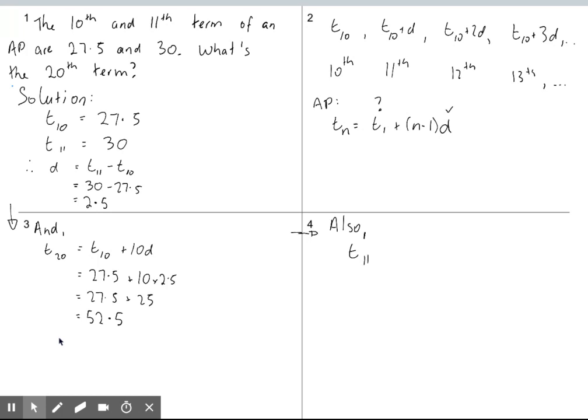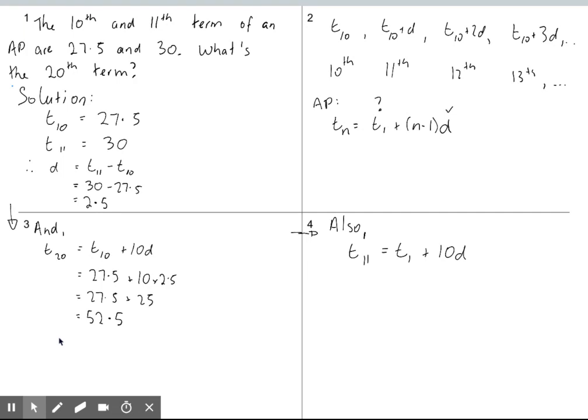I could have used T10 for what I'm about to do, but I'm going to use T11 for reasons that might become obvious in a second. T11 is equal to the first term plus 10 lots of D. 10 comes from the 11 minus 1. Okay. Again, this is just using the general form of the equation. So T11 equals T1 plus 10D.